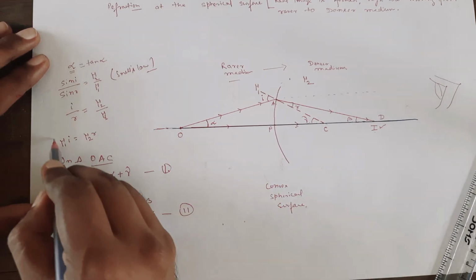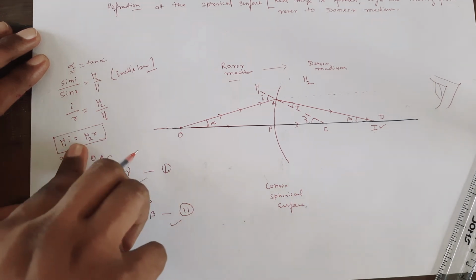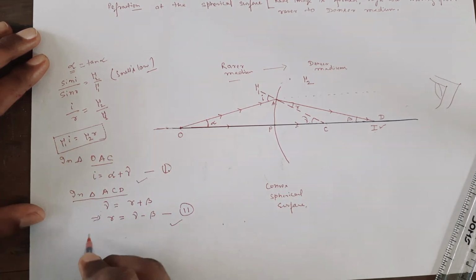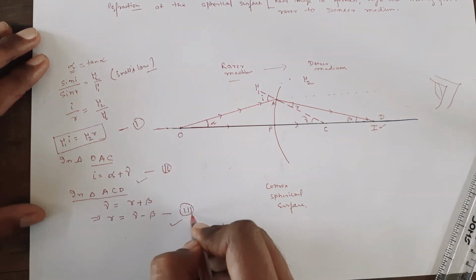We will try to put the values of I and R in this equation. Let us suppose this one is equation 1, this one is equation 2, this one is equation 3.